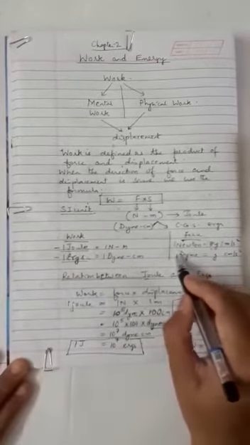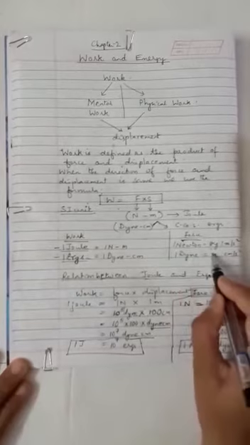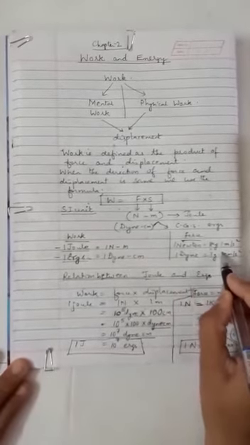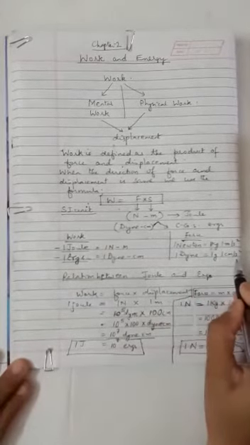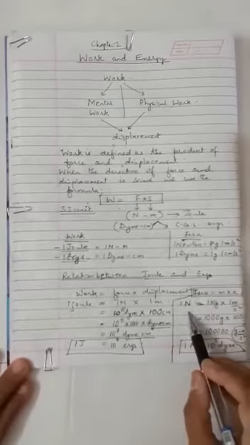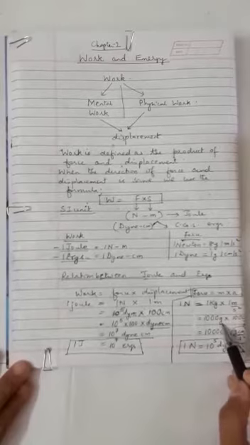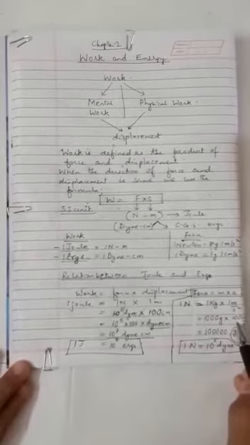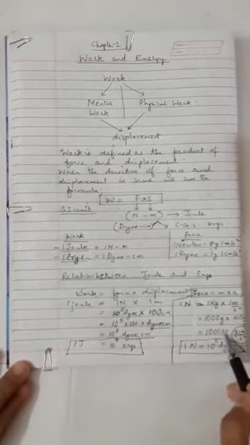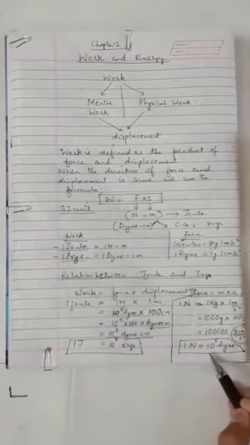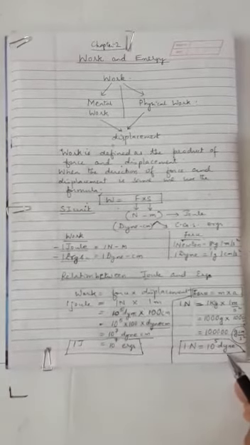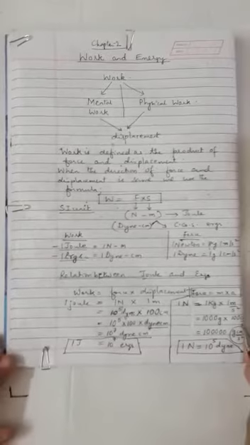The unit of force is 1 dyne when a mass of 1 gram is accelerated through 1 centimeter per second square. So 1 Newton is 1 kg meters per second square. Conversion of kilogram to gram and meter to centimeter is how we got the 5 zeros. So 1 Newton is 10 raised to 5 dyne. This is already clear, and this is the second time I am explaining it to you.